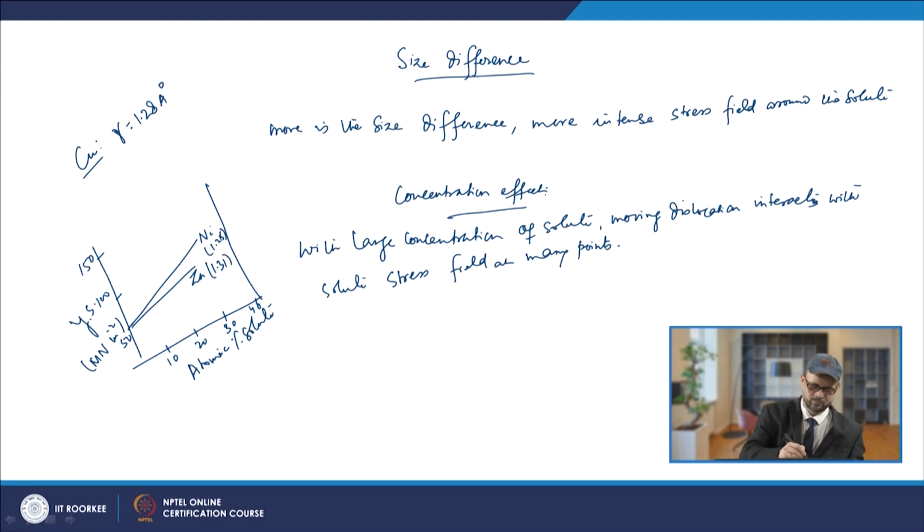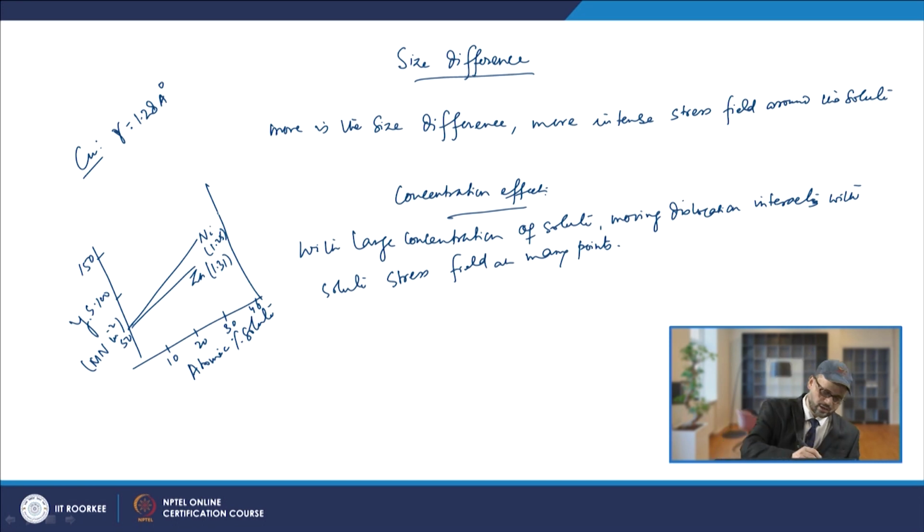So, what you see is that there is not much change, but certainly when you increase the concentration, there is an increase in the yield strength of the material. So this shows the effect of the concentration of the solute. When concentration is increasing, your yield strength is increasing proportionally.